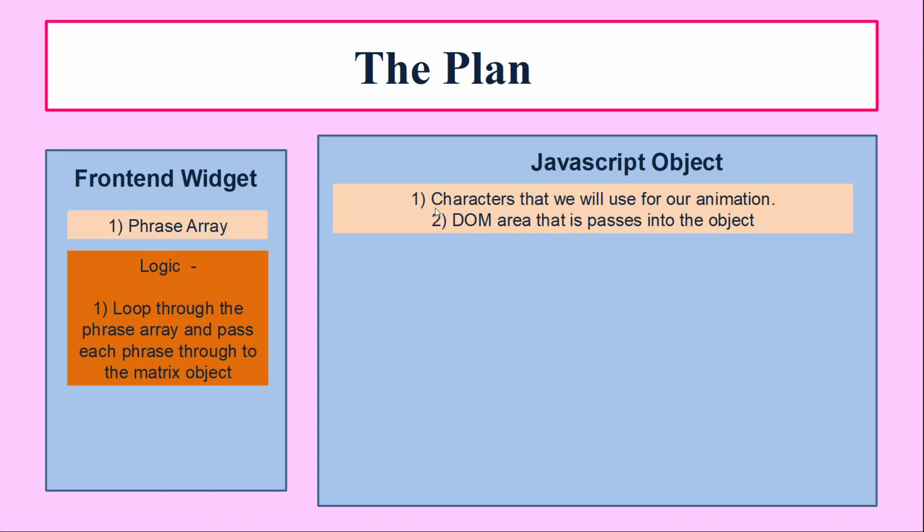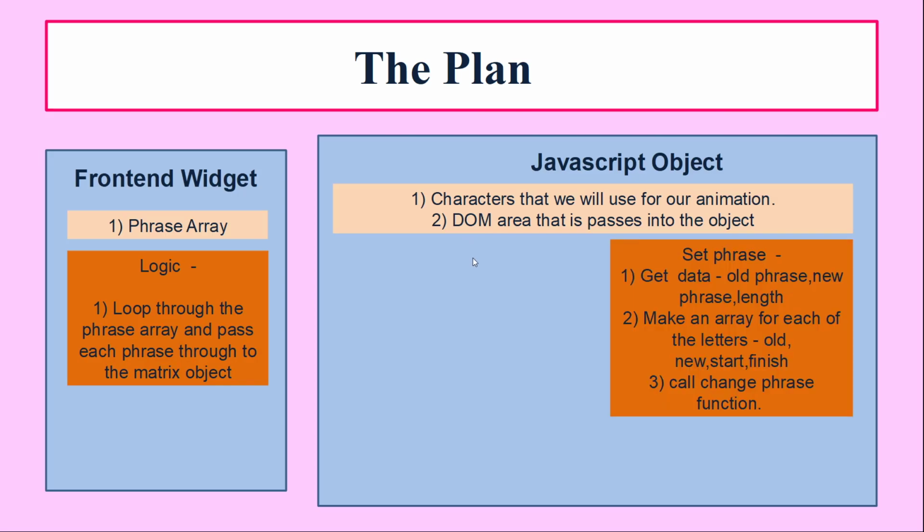If you don't know what the DOM is, I would suggest that you look at the video I've posted in the description at the bottom, which tells you what the DOM is and how we can use it. And then this is the most important, this is what's going to be called first when we pass through. If you have not already watched that JavaScript logic video, I would suggest that you do that now, and again I'll put that in the description below.